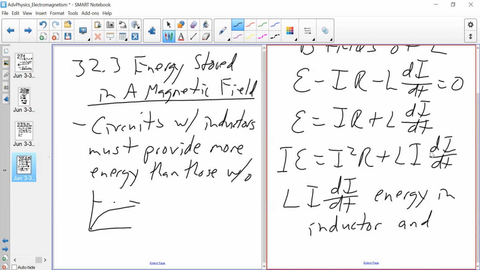But what we're going to do, we've already used that concept, the time rate of change of energy, to get I squared R and I delta V back in chapter 29 or 28, somewhere in there. So now we're going to get an expression for energy for this inductor, because we have a time rate of change term, and so we must deal with that appropriately.